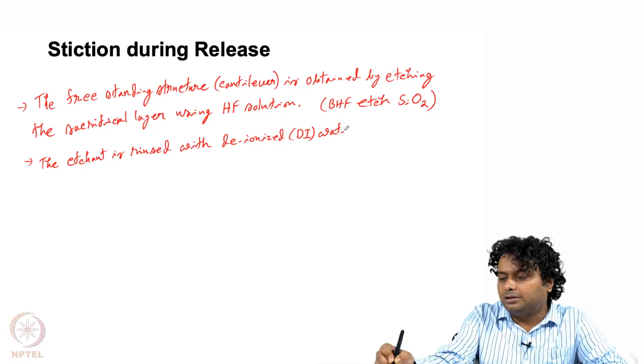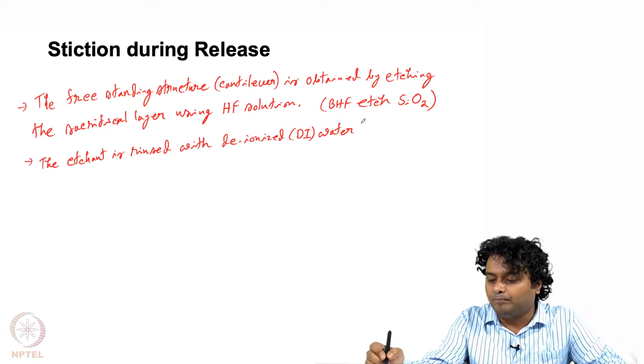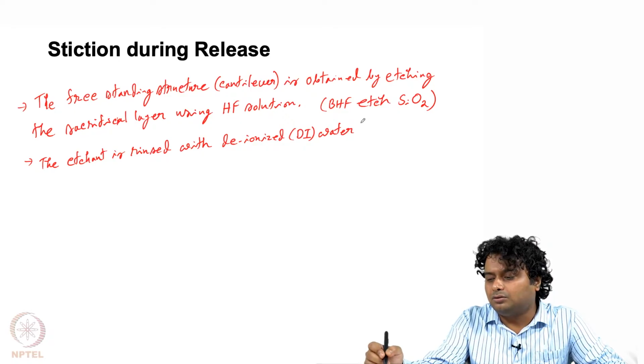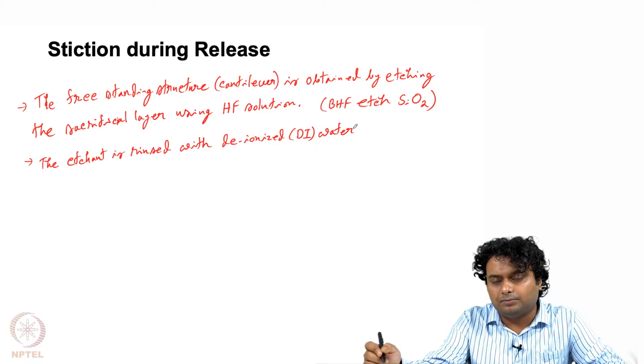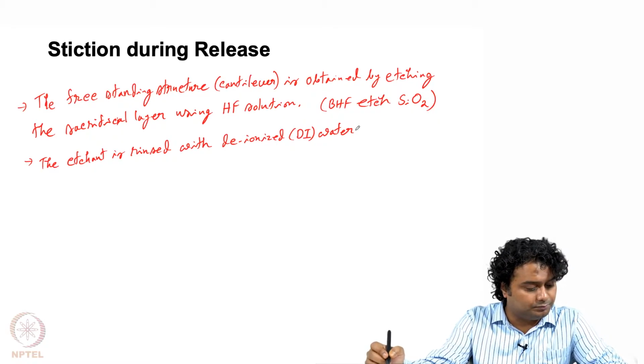Then we rinse it with water, and that is not normal water, because usual water has many metal ions. So we use deionized water or DI water, because if we use normal water, then those metal ions can go to your device, and that can damage the device, because they are like static charges. So we use deionized water, or DI water in short.